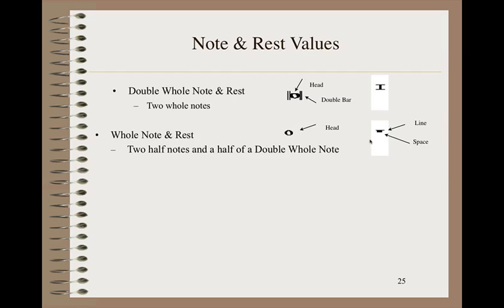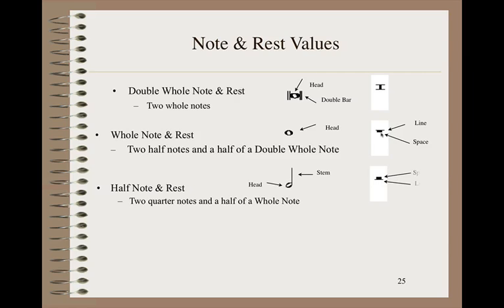Now, for the rest, what's interesting to note is that there is a line and then a little box that is attached to the bottom, and this is important, to the bottom of the line. So it's right in the space for the whole rest. For the half note and half rest, we have not only a head, but now we have this vertical line here, and it could be above or below the note, called the stem.